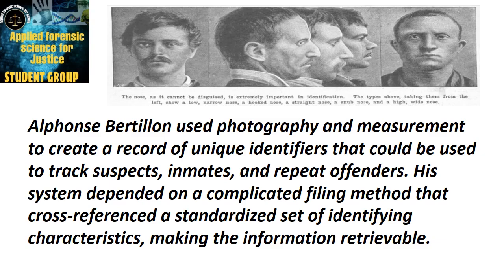His system depended on a complex filing method that cross-referenced a standardized set of information characters, making the information retrievable from a mass of detailed records, hundreds and thousands of cards. It would be possible to shift and sort down the cards until a small stack of cards was produced.